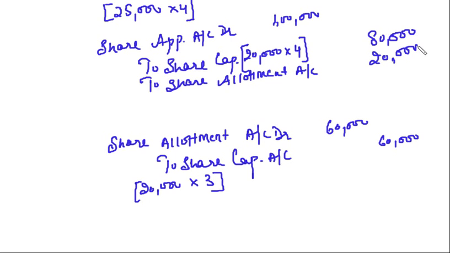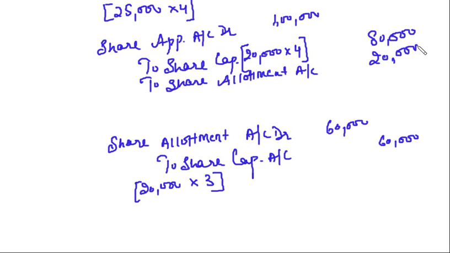Is this clear, friends? You have excess money with you, of the people who applied for the shares, to the extent of 20,000. Now you have to receive 60,000 from them. You have already received 20,000 in advance. Consider that you have already received 20,000 of allotment money in advance.